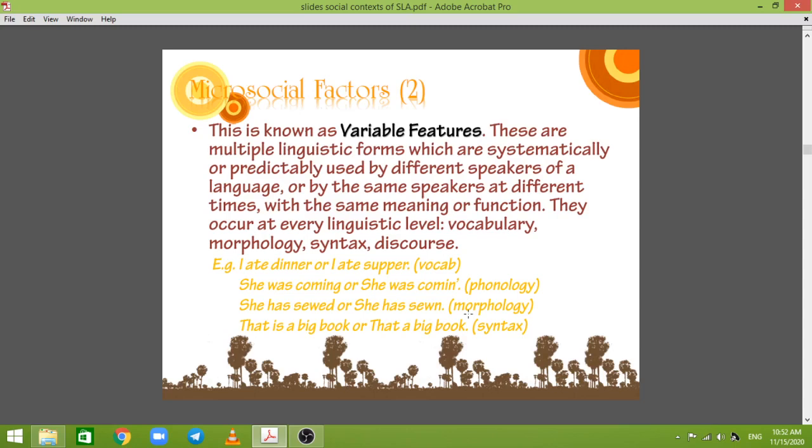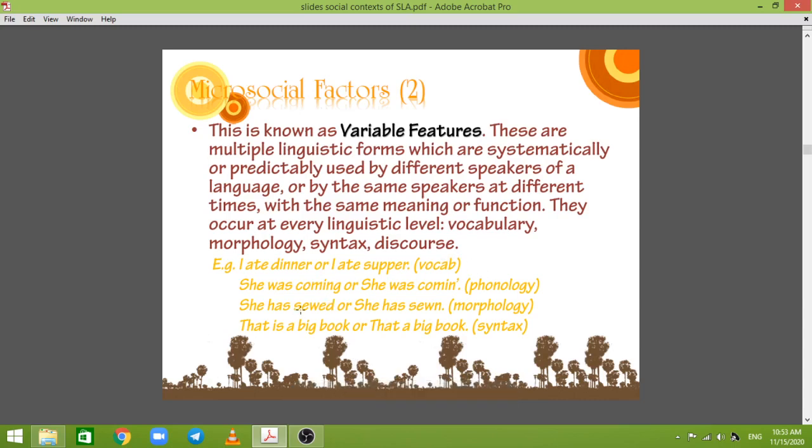These are the multiple linguistic forms which are systematically or predictably used by various speakers of any language, or by the same speaker at different times with the same meaning or even function. They happen at every linguistic level, for example, the level of vocabulary, morphology, syntax, or even discourse.